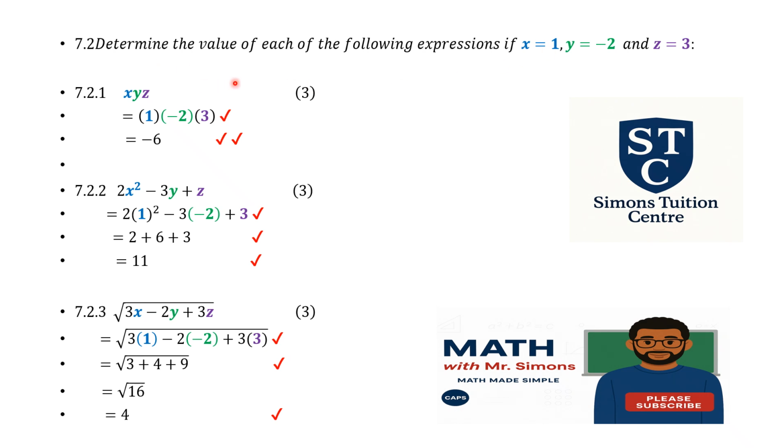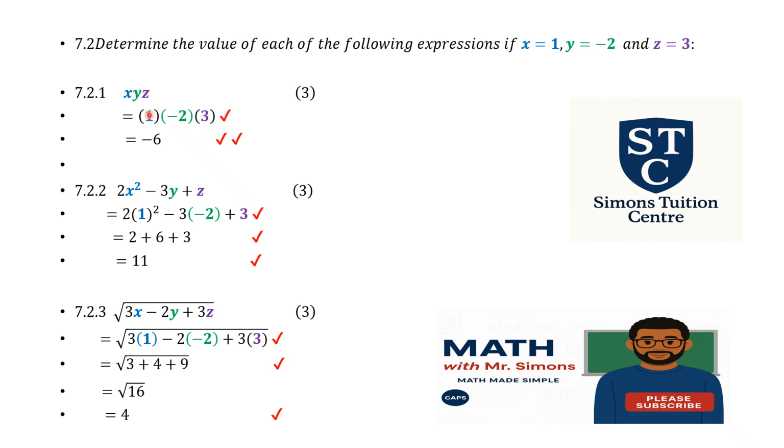Determine the value of each of the following expressions if x is 1, y is minus 2, and z is 3. So again, they gave xyz. What does xyz mean? Three letters next to each other. It means x times y times z. So x there is positive 1, y is negative 2, and z is 3.